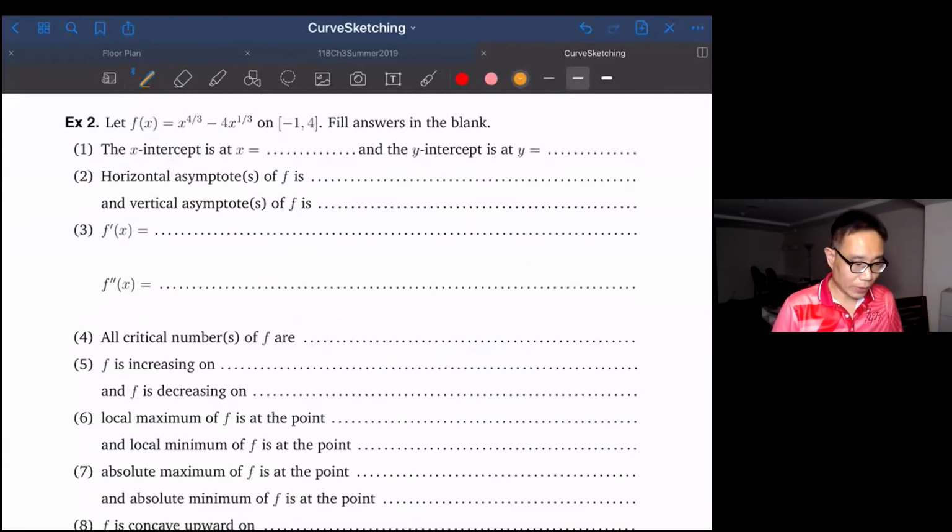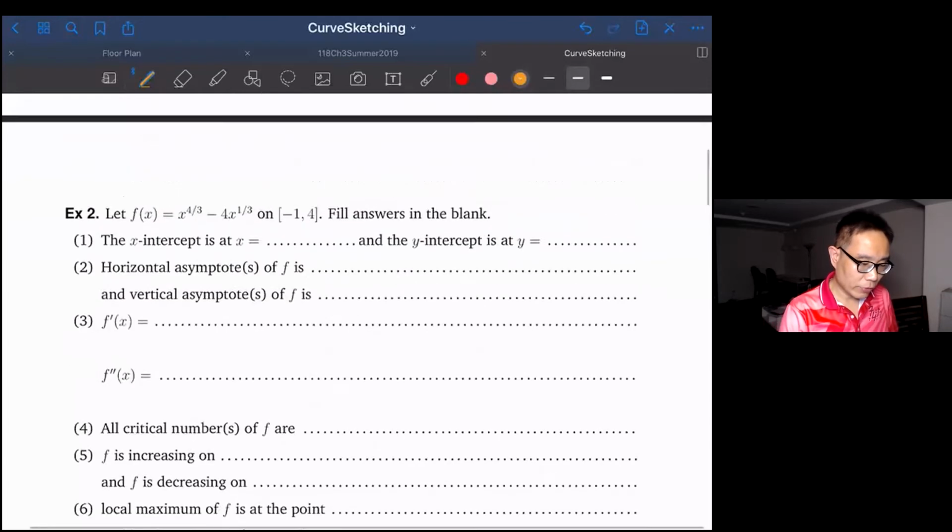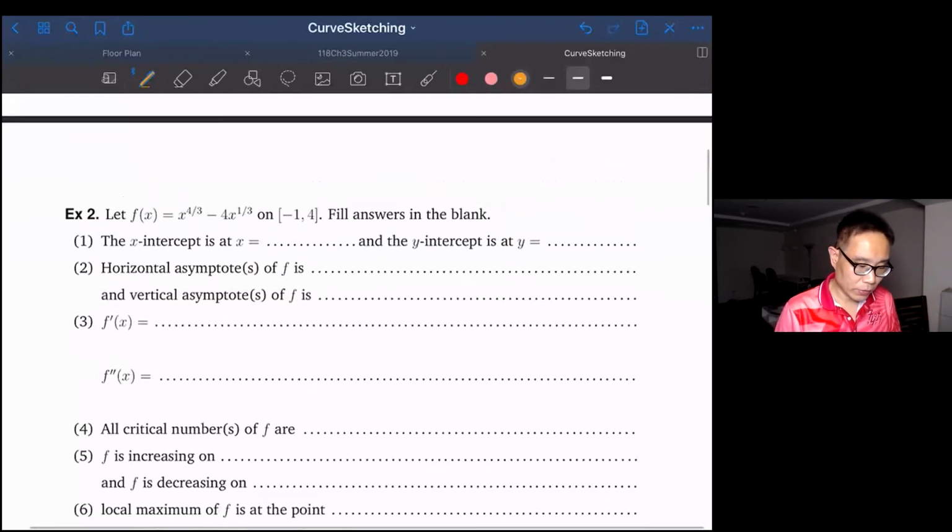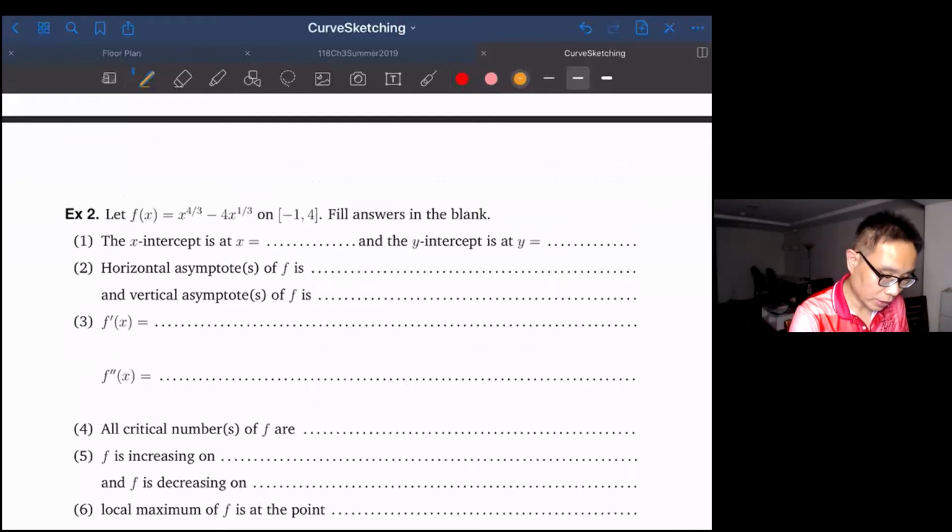For the next one, you have f of x equal to x to the 4/3 minus 4x to the 1/3 on the interval -1, 4. So this one is going to be just the function on a given closed interval. So you have f of x like this. Before I do the x-intercept and y-intercept, let me put this one in an easier form.